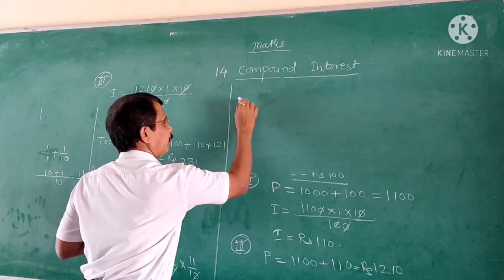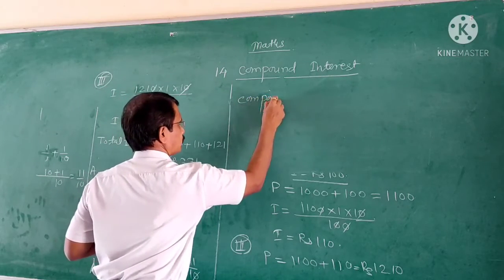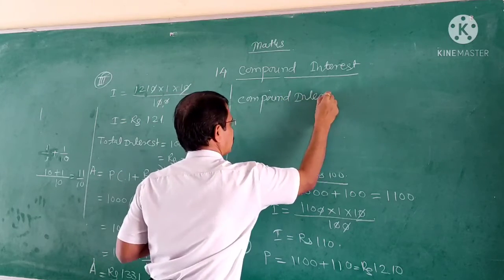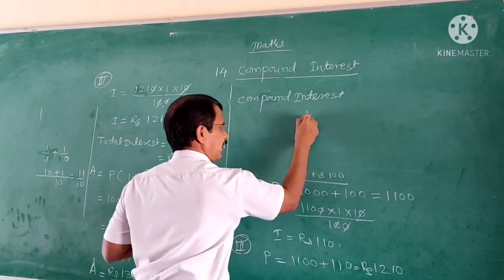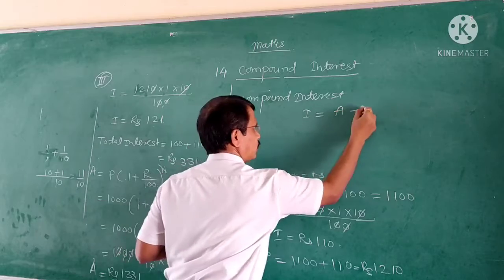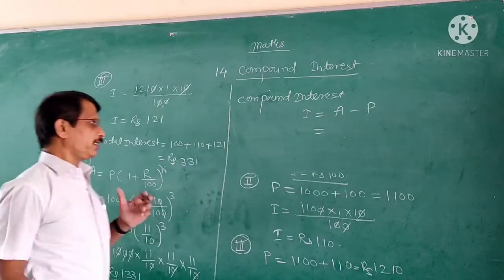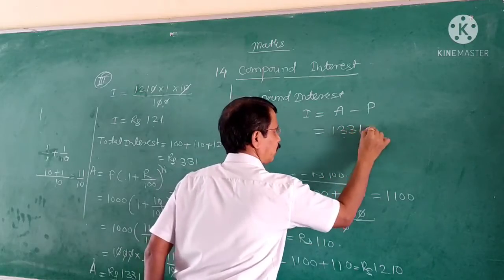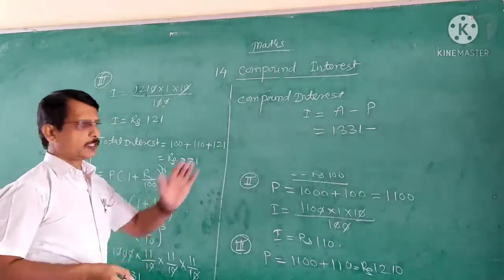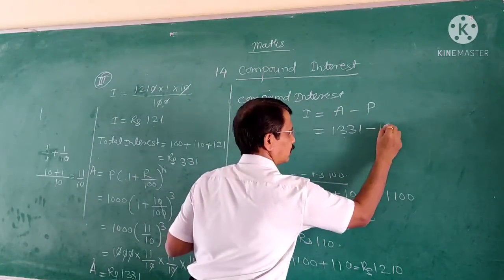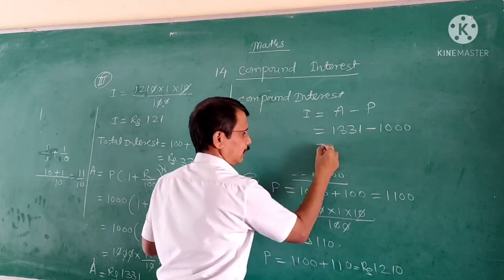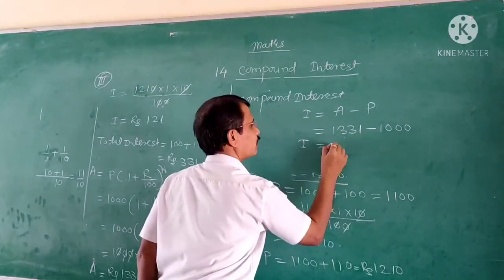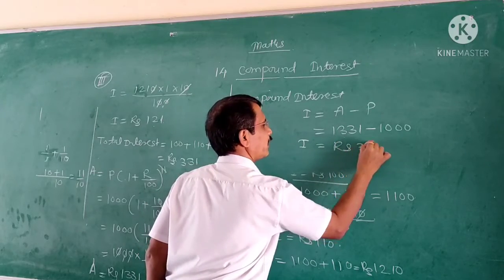Here compound interest I is equal to A minus P. A is amount, 1331 minus principal is 1000. Here compound interest is rupees 331.